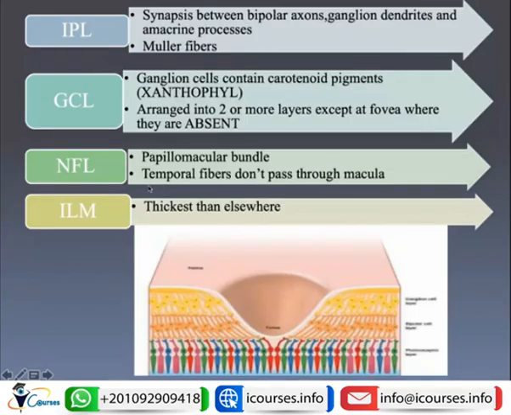As we said, the temporal fibers arch above and below the papillomacular bundle, and they don't cross the horizontal midline. The thickest area of the internal limiting membrane is present at the macula. So these are the changes.